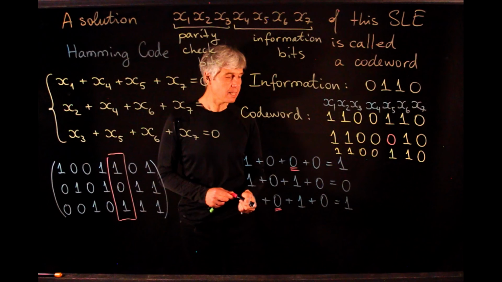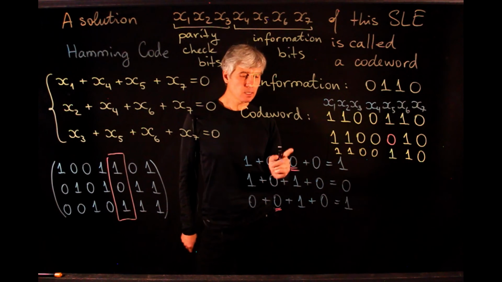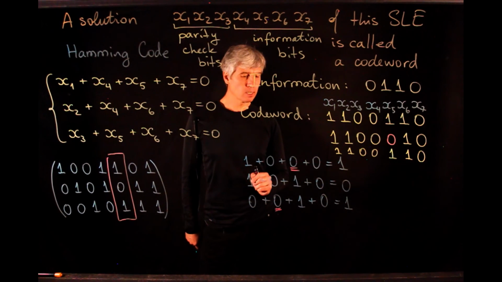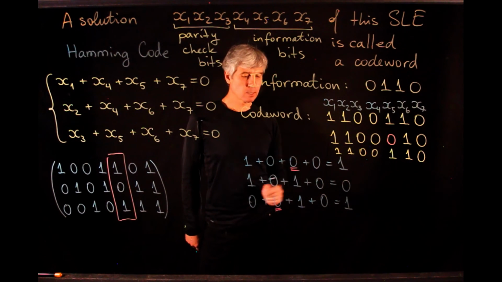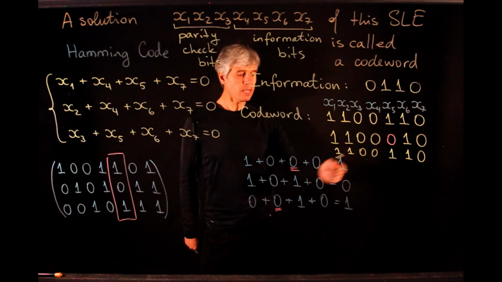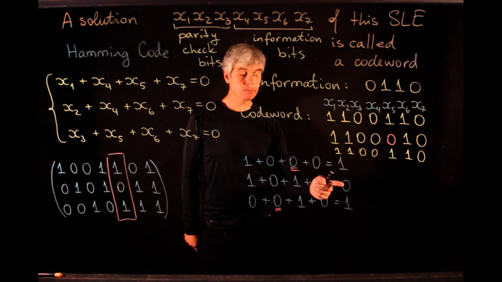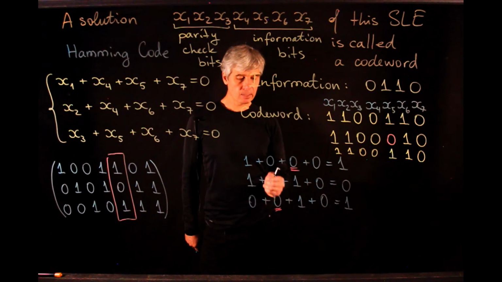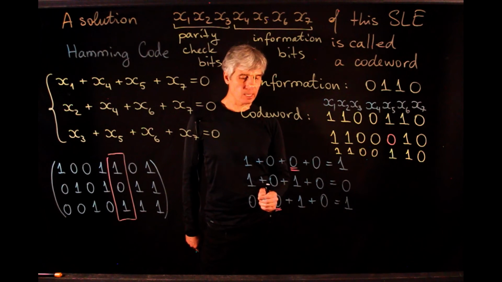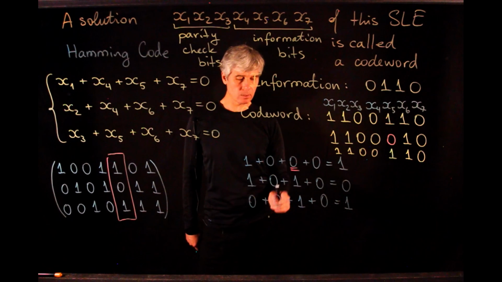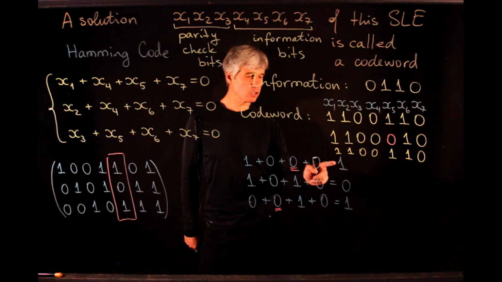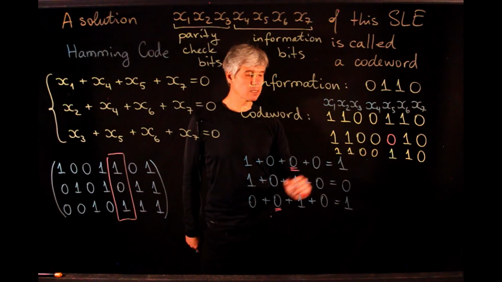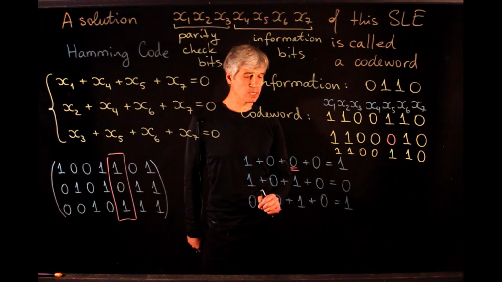And so what we see is that if an equation does not have the bit that contains an error, then that equation will be satisfied. And those equations that do depend on the unknown that contains an error will fail, and we have 1s in that right-hand side.